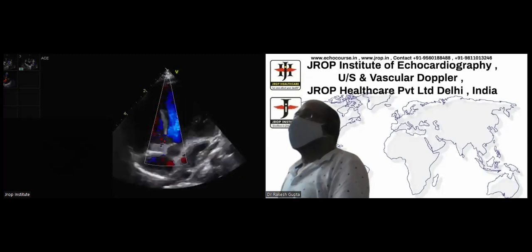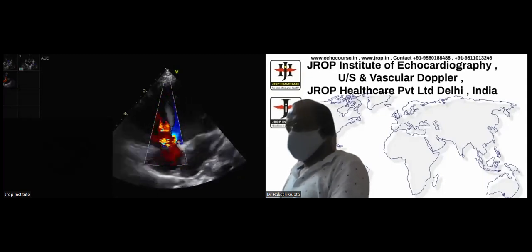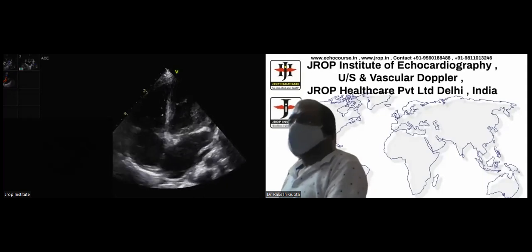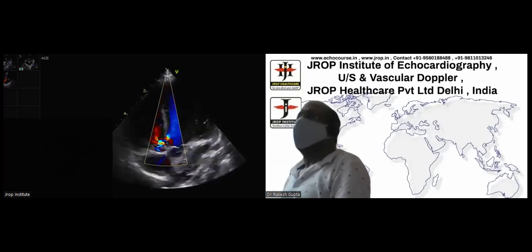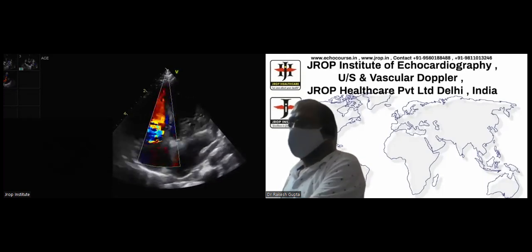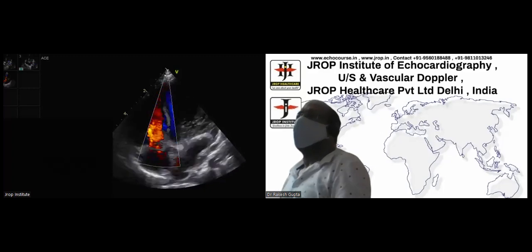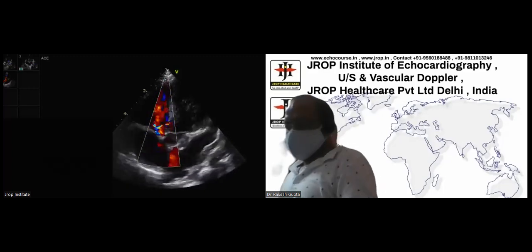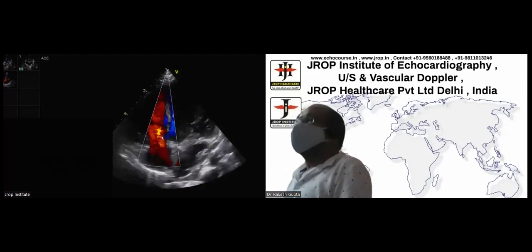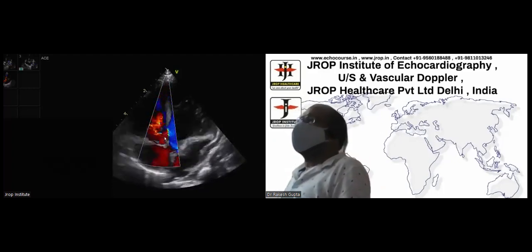This is hitting toward the tricuspid valve now. The direction of the jet is in this direction. That's why we were measuring an underestimated gradient in the parasternal short axis view.